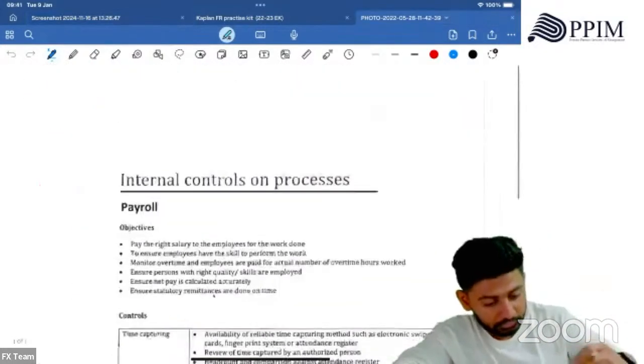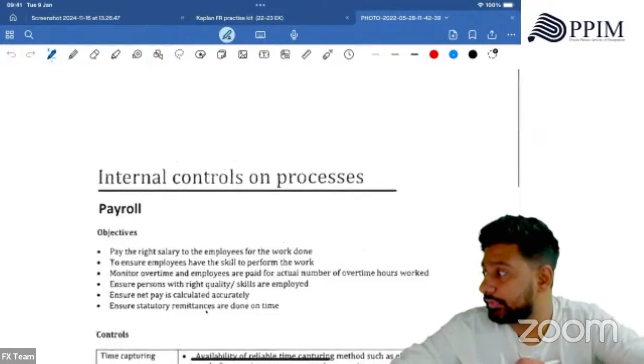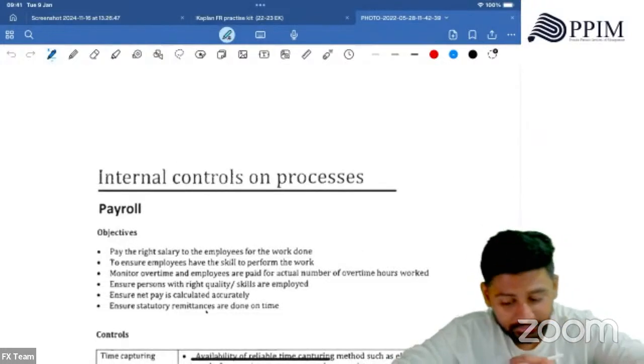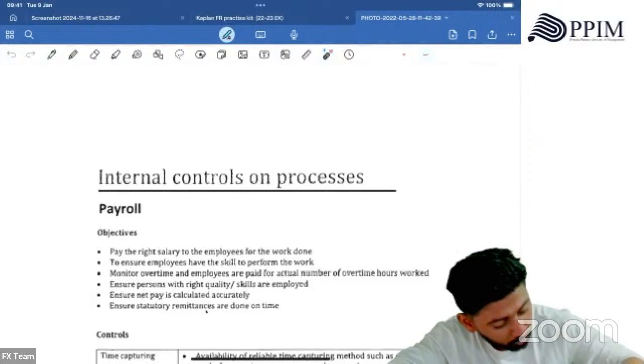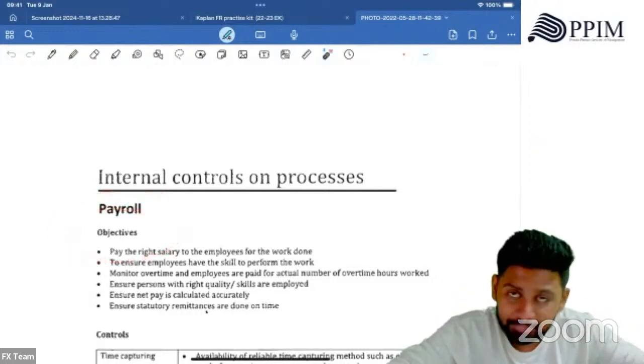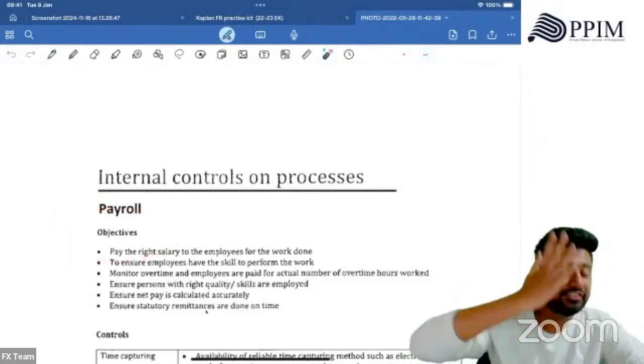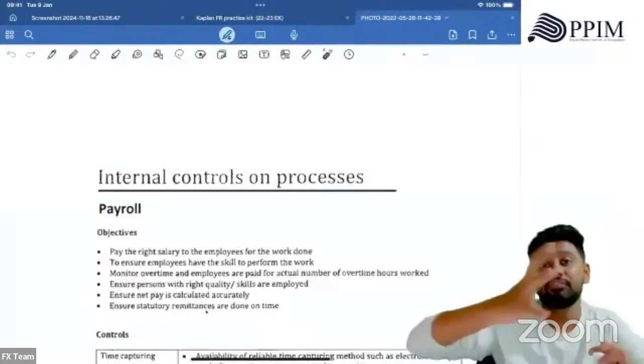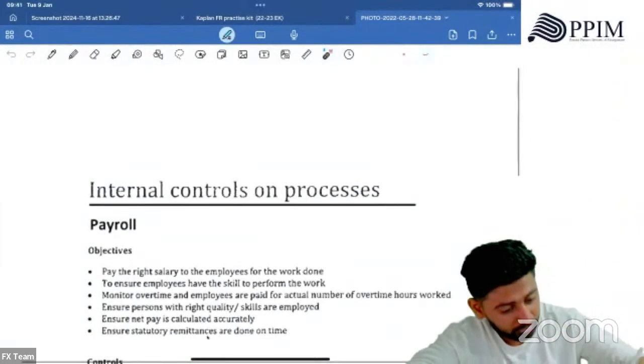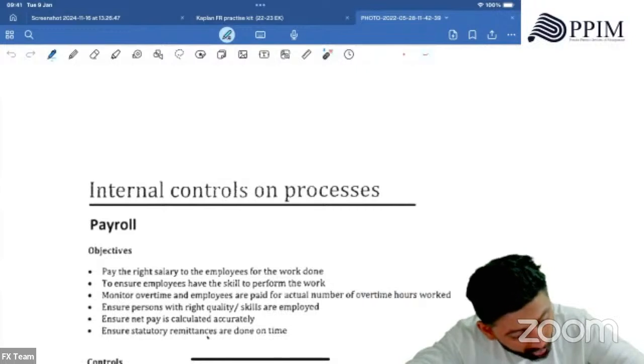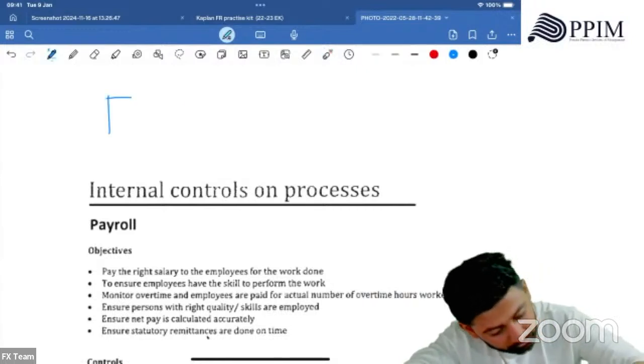In the exam, your examiner sometimes will directly tell you, I want to know the objectives of a payroll system, objectives of a sales system, objectives of a purchase system. What I mean by objective is, why do you need a system?